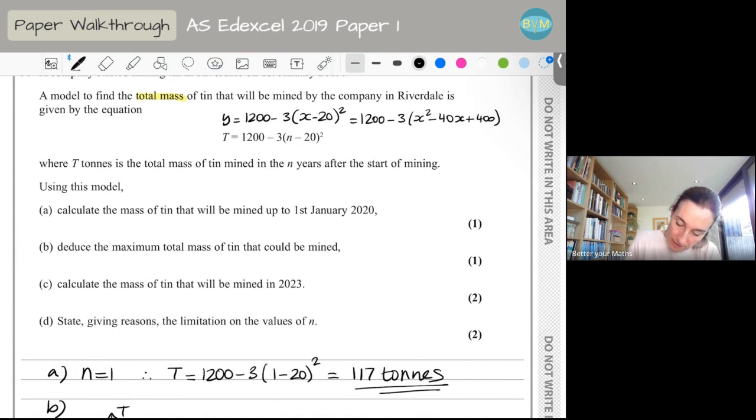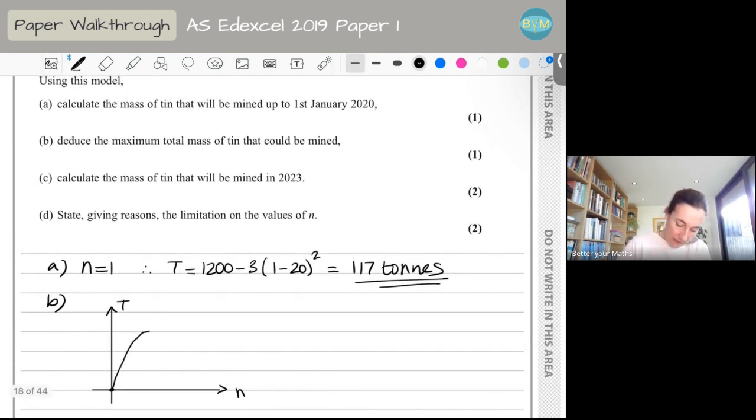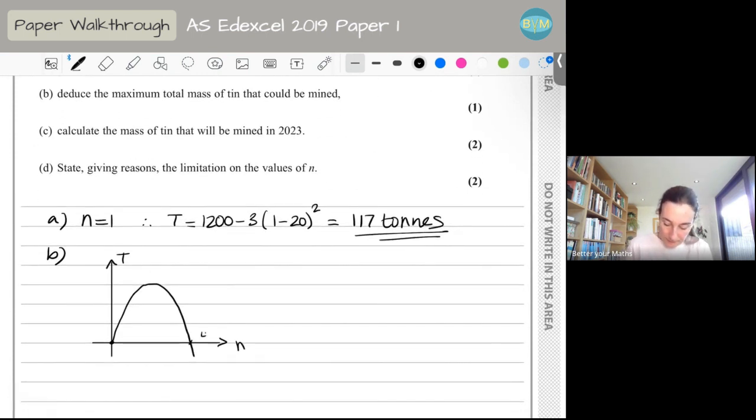So I have 1200 is gone, with the 3, minus 3x squared plus 120x. So x is 0 and x is 120 divided by 3, which is 40. So let me show you. This is your quadratic, and this is 40.